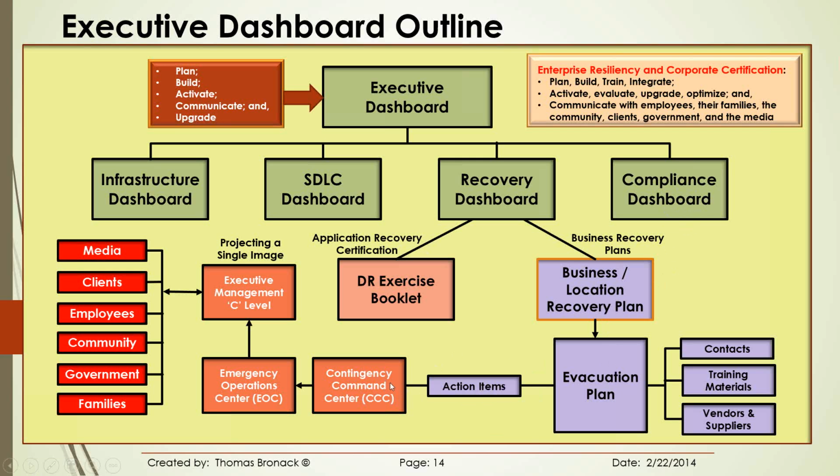They will take the action items, understand them, and communicate them to the Emergency Operations Center. He, in turn, communicates to executive management, and the executive management projects a single image of the company to the media, clients, employees, community, government, and the families of all those that are involved.